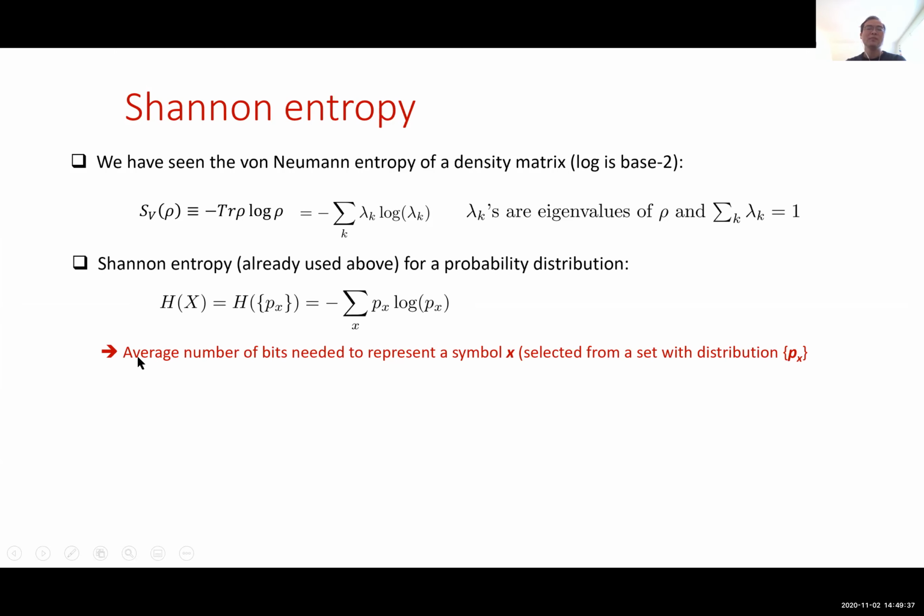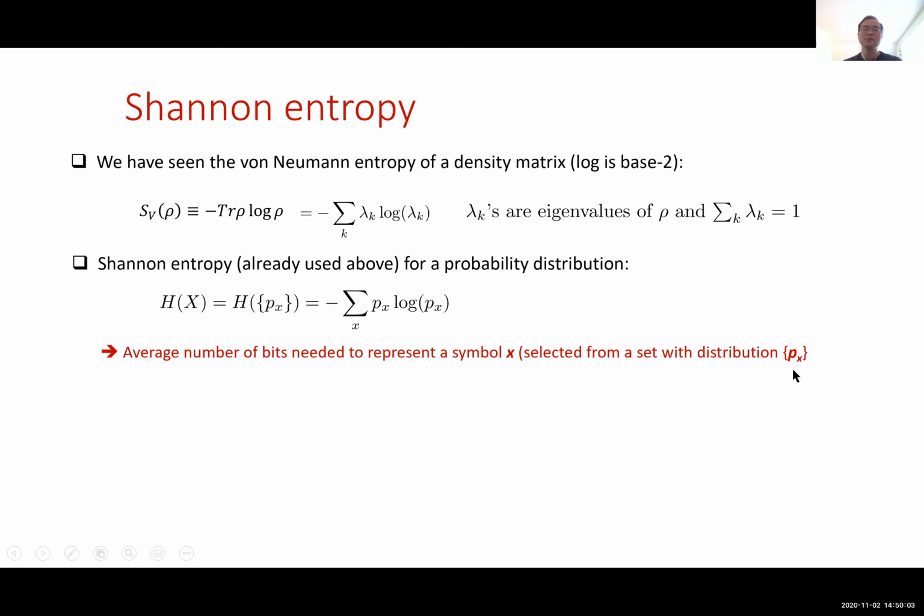And the meaning of this Shannon entropy is that this is the average number of bits. We're using base 2 for log. So this is the average number of bits that are needed to represent a symbol x. Okay, this symbol can be from a certain set with some distribution.